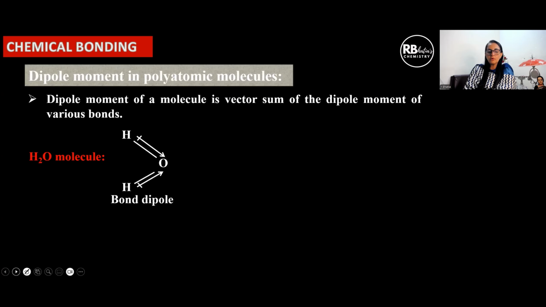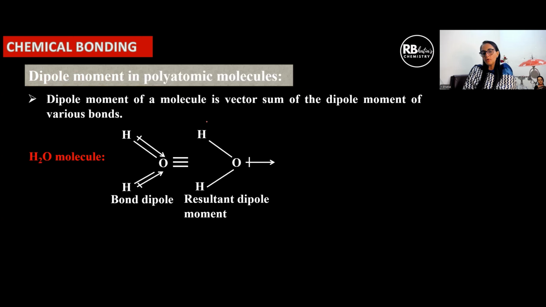Let us say I'm talking about a water molecule. Now, is the water molecule a polar molecule? How do we decide? Water has two polar bonds. This is partial plus, partial minus, and partial plus. If I have to draw the dipoles, this is going to be oriented in this direction, this in this direction, and then water also has two lone pairs.